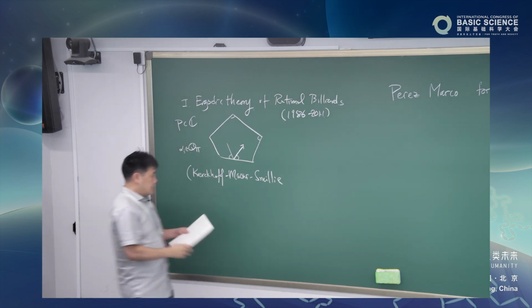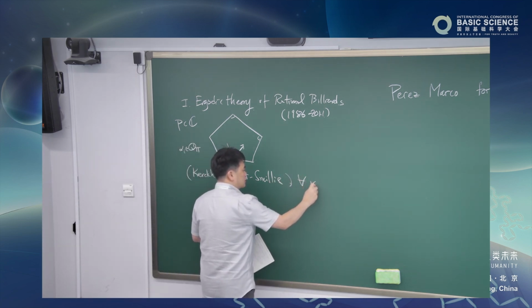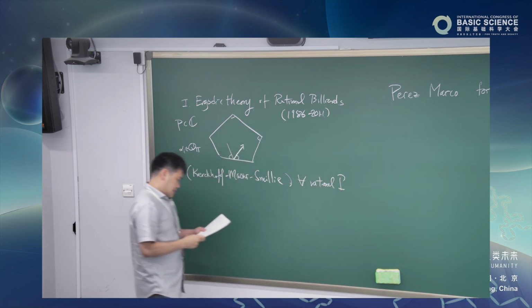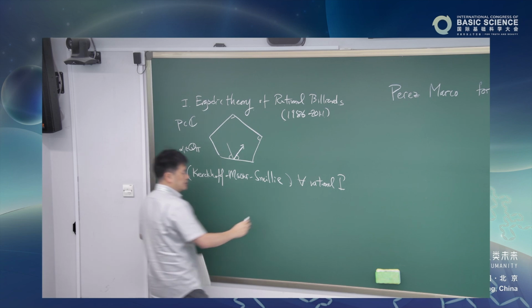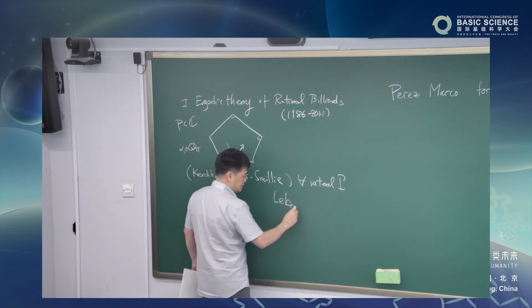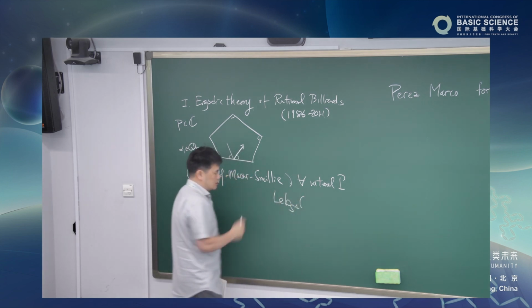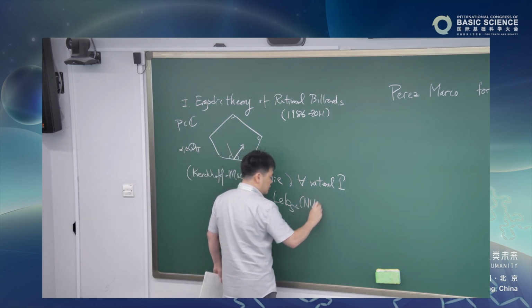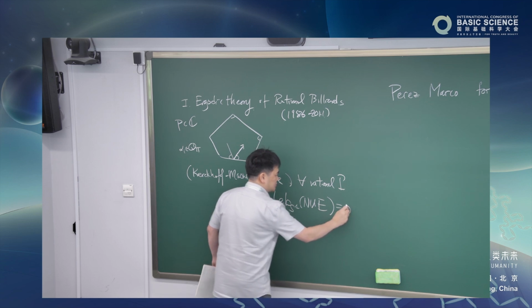The statement is that for all rational polygons P, the set of directions, so Lebesgue measure in the unit circle, of the non-uniquely ergodic directions is equal to 0.